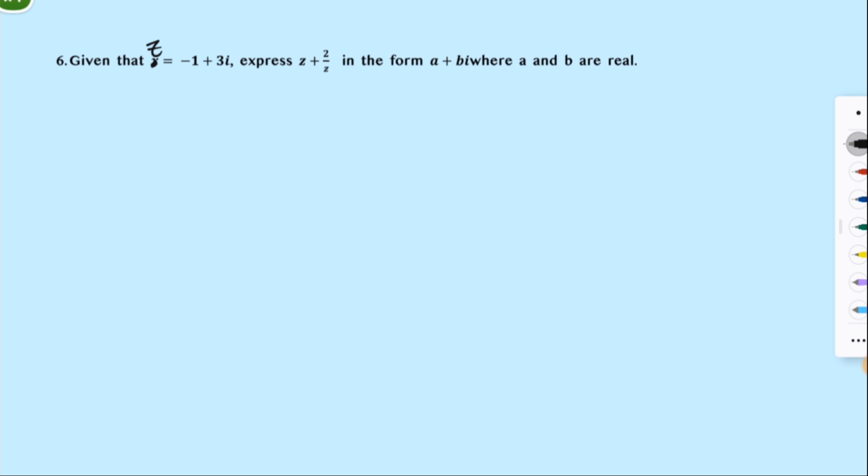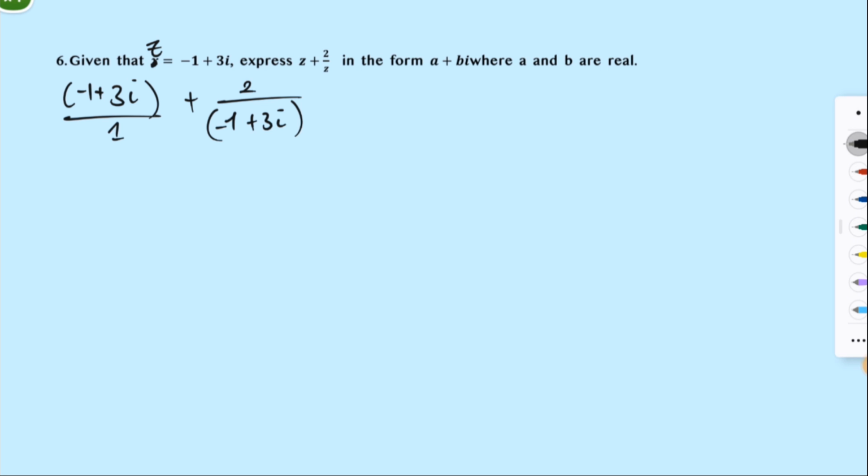So this would be -1 plus 3i plus 2 over -1 plus 3i yet again. And then we can put this over 1 so that we can find the common denominator.